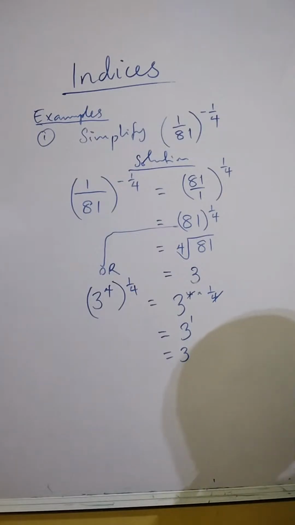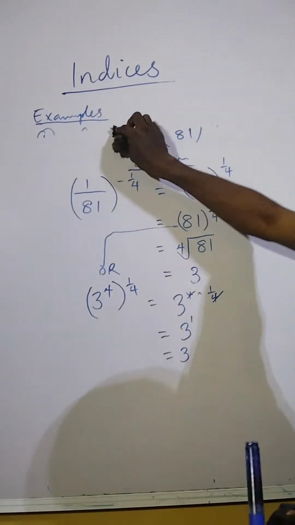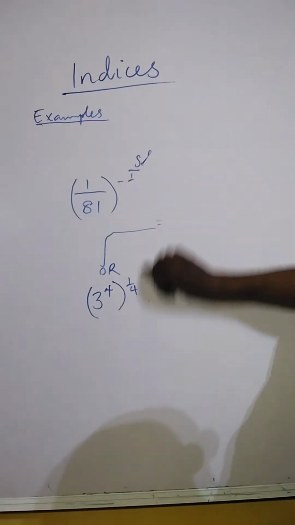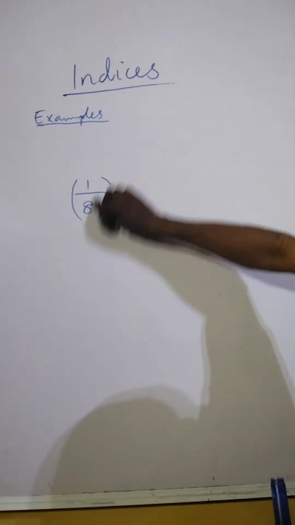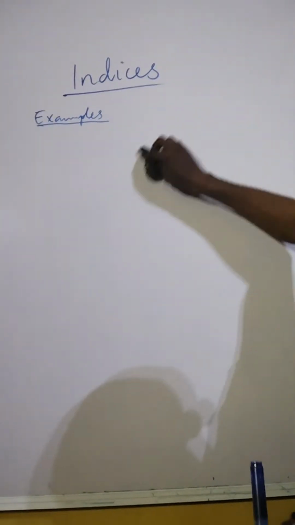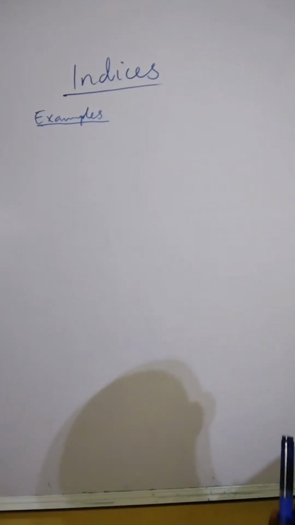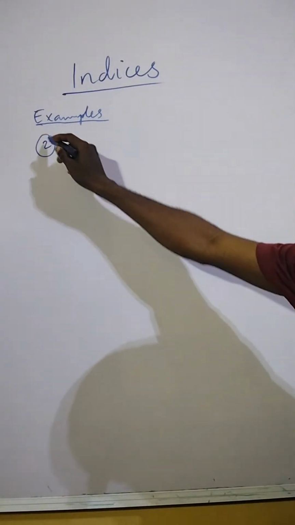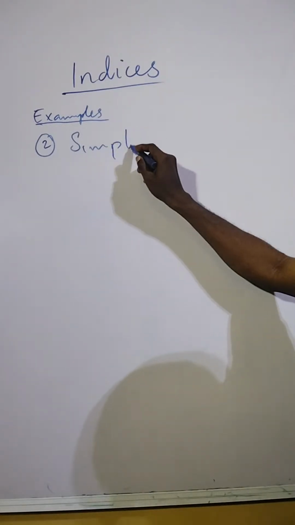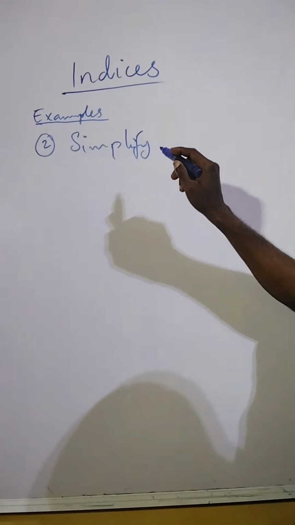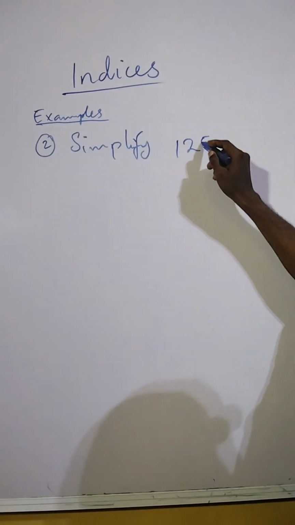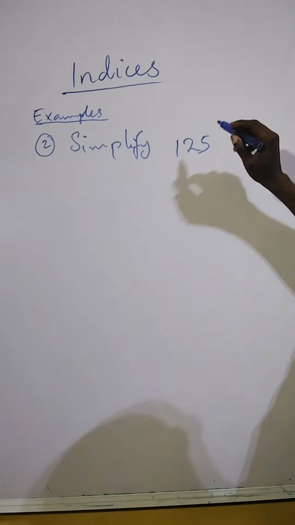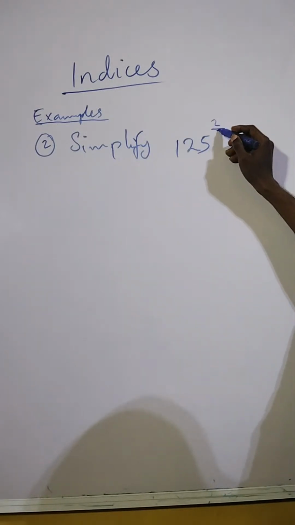Now, the number 2 question here, we also have: simplify brackets 125 raised to power 2 over 3.